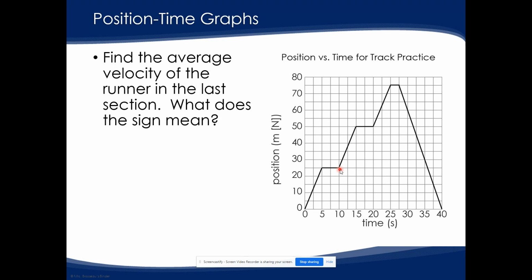Find the average velocity of the runner in the last section. So our velocity is our change in position over our change in time. So I'd actually start down here, which would be my D2, because that's where I ended. So 0 minus 75 meters north. And then my time would be my 40 minus 27.5 seconds.